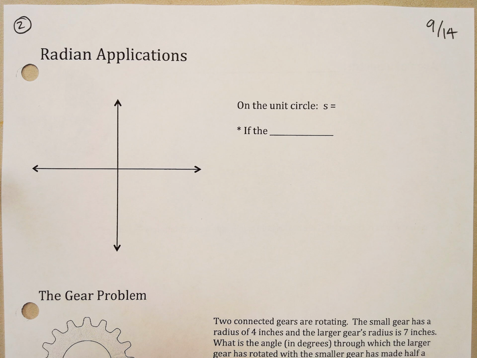Like a 45-degree angle really represents the radian measurement of pi over 4, and that's then the intercepted arc length of our unit circle. So our angle forms with our unit circle, and there's that piece.